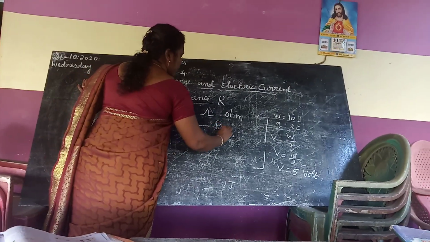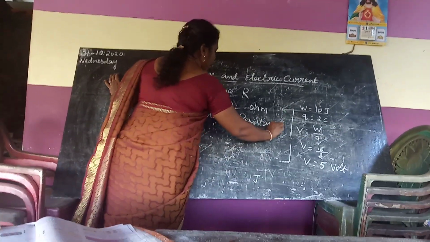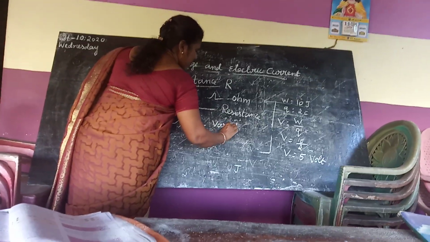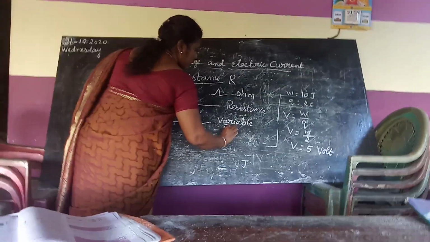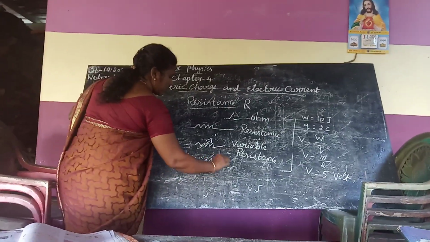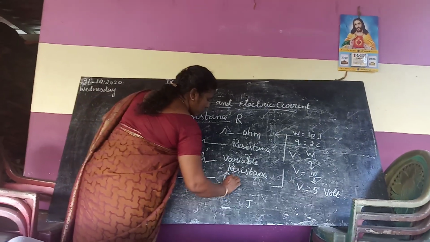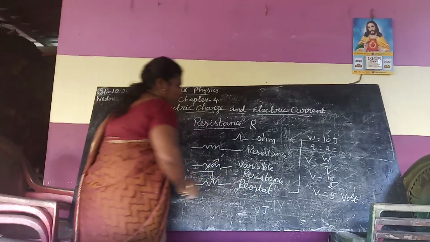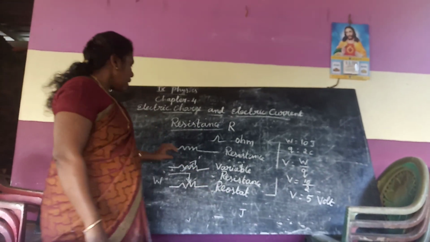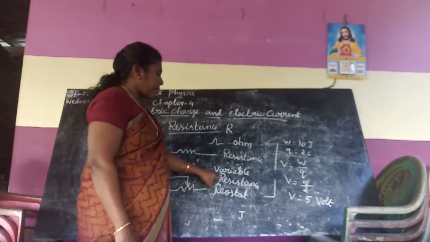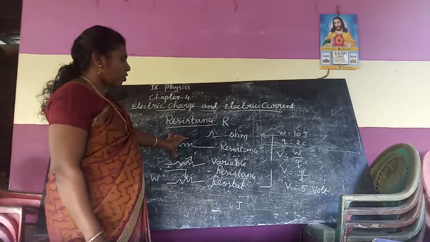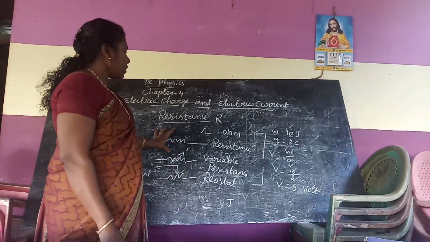This is the resistance, and this is the variable resistance, also called a rheostat. The rheostat spelling is given here. So resistance, variable resistance and rheostat, everything is denoted by the same unit, ohm.